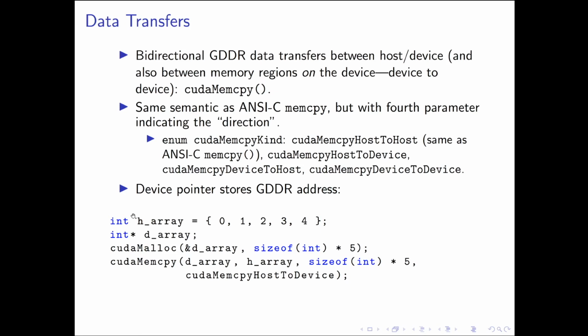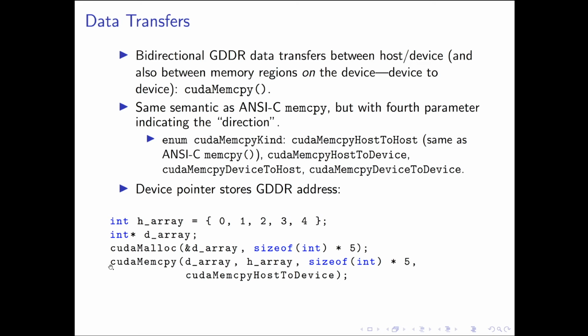So now I have my host array and the device array, and then I use CUDA memcopy to copy from the host array to the device array, and I tell it how many bytes to copy, because the CUDA memcopy function, just like the NVCC memcopy function, isn't aware of types. And I tell it how many bytes I want to copy, and the CUDA memcopy function does just that.